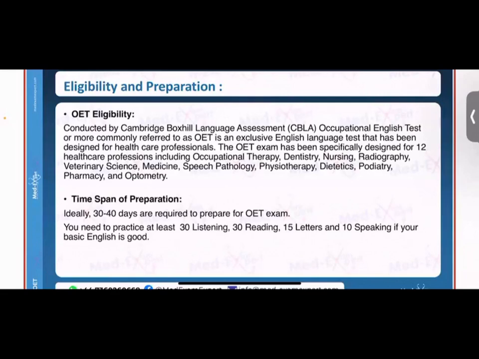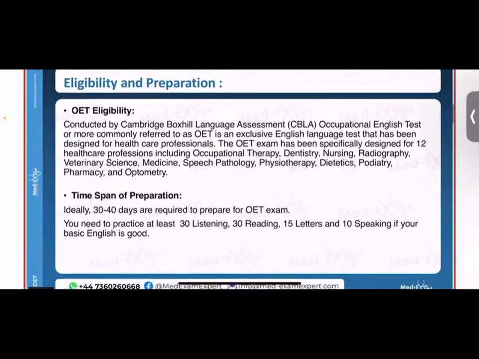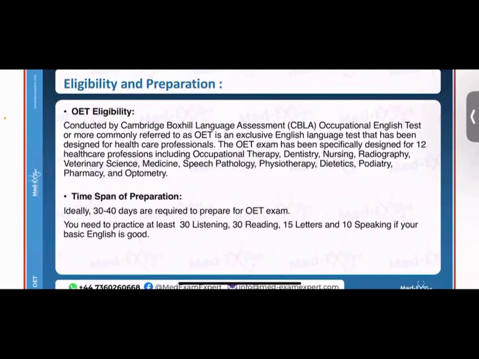The Occupational English Test is an exclusive English language test that has been designed for healthcare professionals, specifically for 12 healthcare professions, including occupational therapy, dentistry, nursing, radiography, veterinary science, medicine, speech pathology, physiotherapy, dietetics, podiatry, pharmacy, and optometry. So if you belong to any of these 12 professions, you can take the OET exam for excelling in your career abroad.